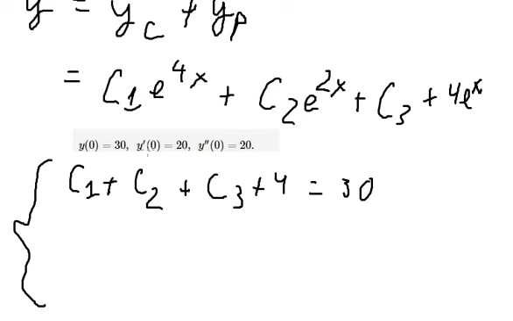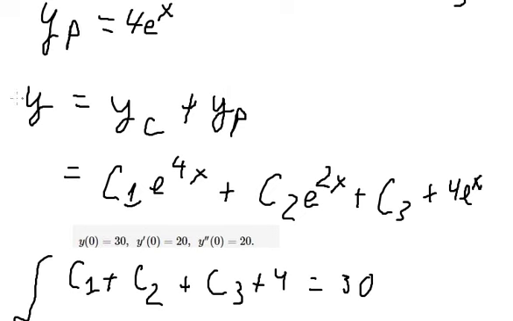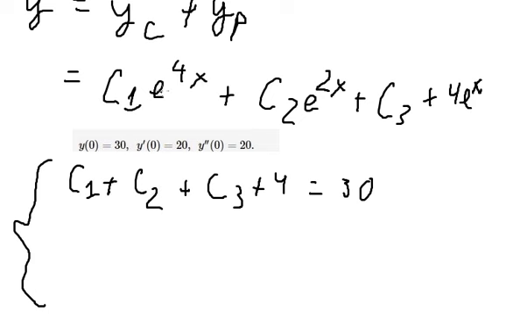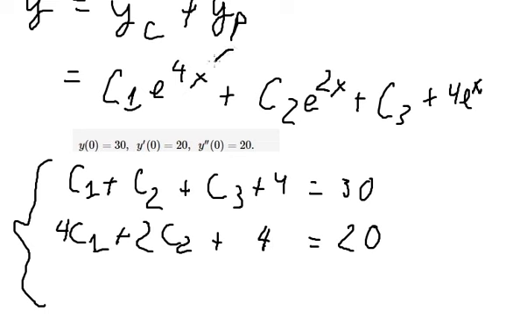Now if we do the first derivative of y in here, we will have 4c1 plus 2c2 plus 4 equals 20, because we put 0 going here, here, and here. That's why after we do the first derivative, we have 4c1 and 2c2.